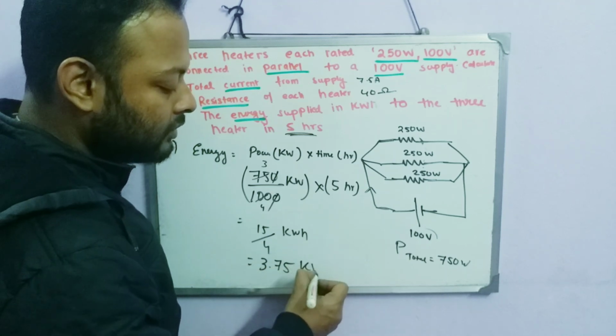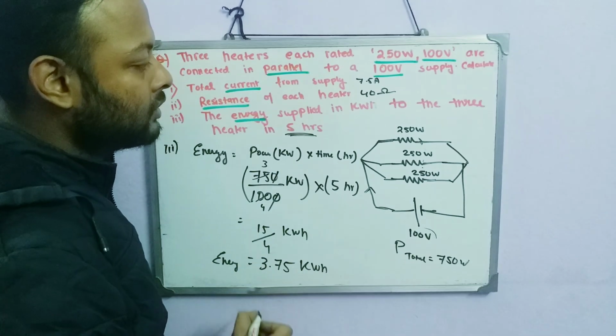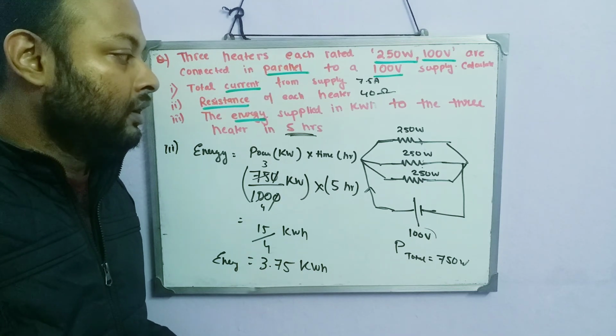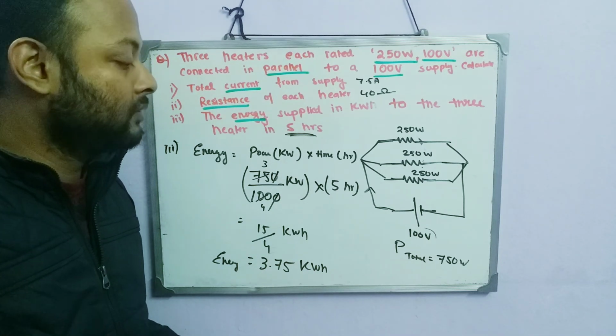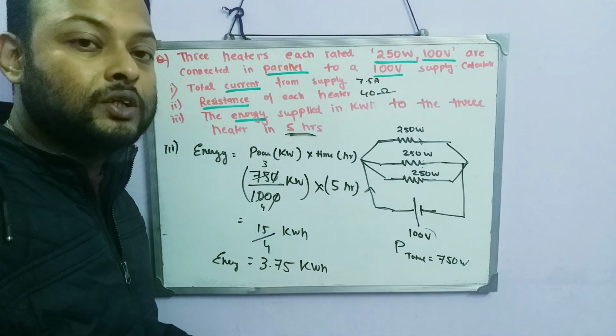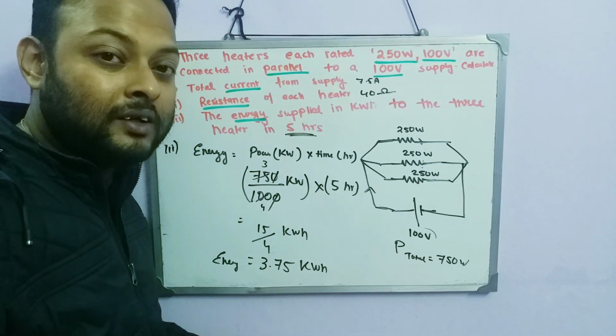So 3.75 kilowatt hour. So energy consumed is 3.75 kilowatt hour by these three heaters.